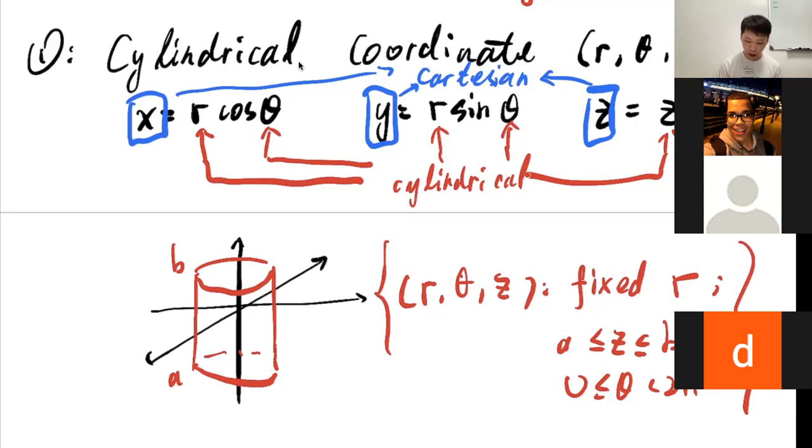You can think of a cylindrical coordinate system as polar coordinates with a z-axis. So whenever you have a scenario where you can better represent your functions or your points with the polar system, you can just use your cylindrical coordinate system.